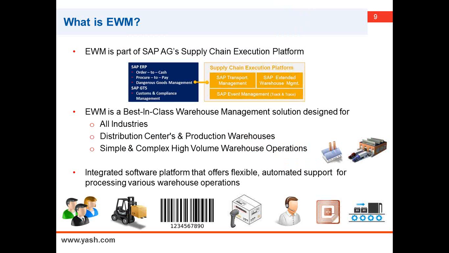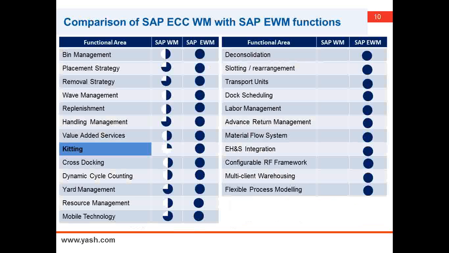I just wanted to focus your attention a little bit halfway down through that left-hand column where you'll see kitting. And we can say that kitting in ECC warehouse management is an area that doesn't have the depth that the Extended Warehouse Management platform provides. So that's what we're focusing on today, and you'll see the functionality, a lot of richness coming out of EWM.